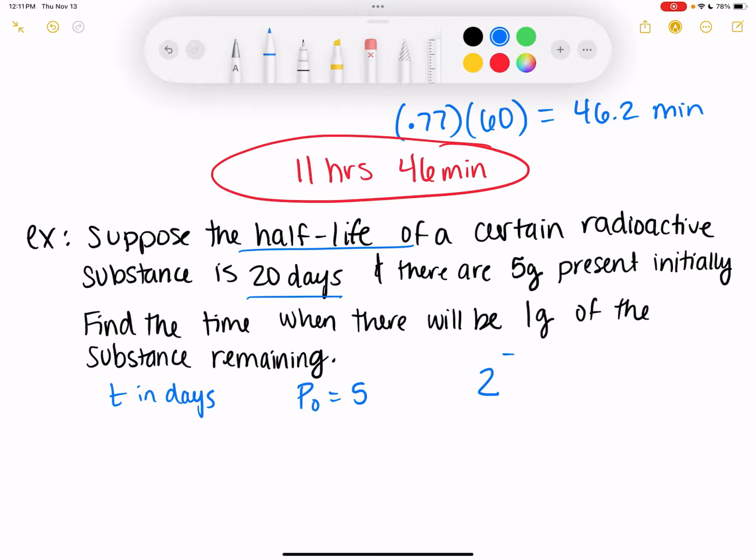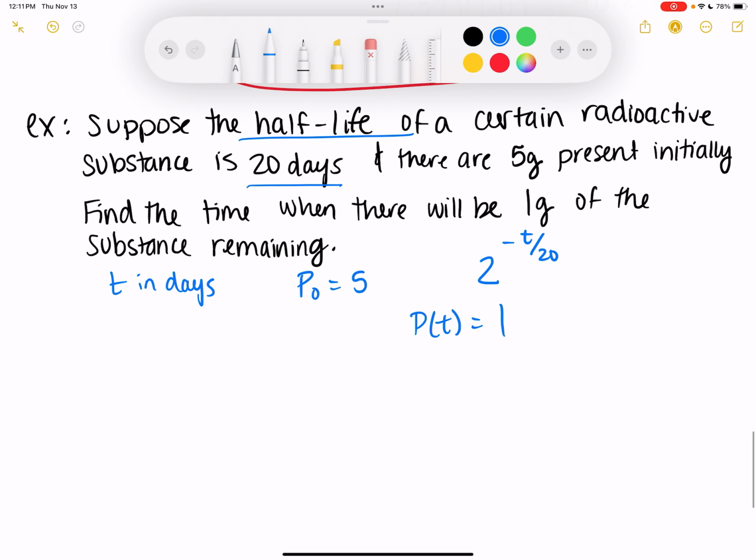So this is a negative T over the amount of days, so 20. So every 20 days, this gets cut in half. And I ultimately want to know when P of T will be equal to 1. So to set up my equation, just the initial setup, P of T is equal to 5 times 2 to the negative T over 20.